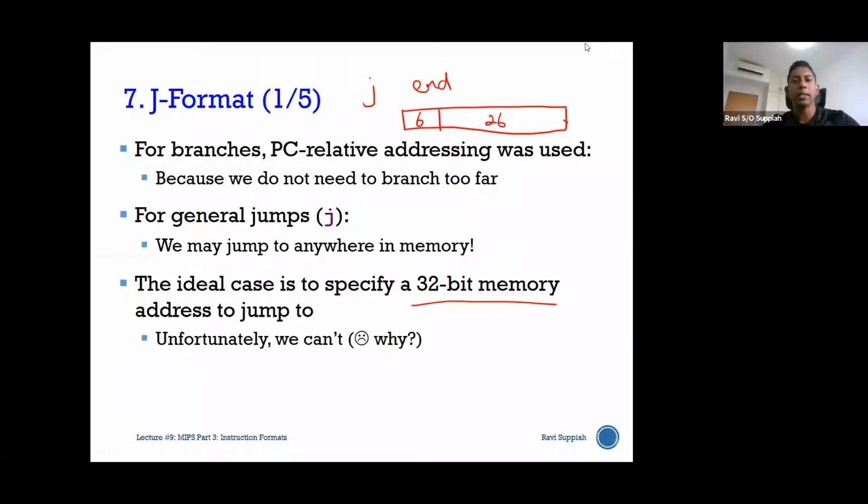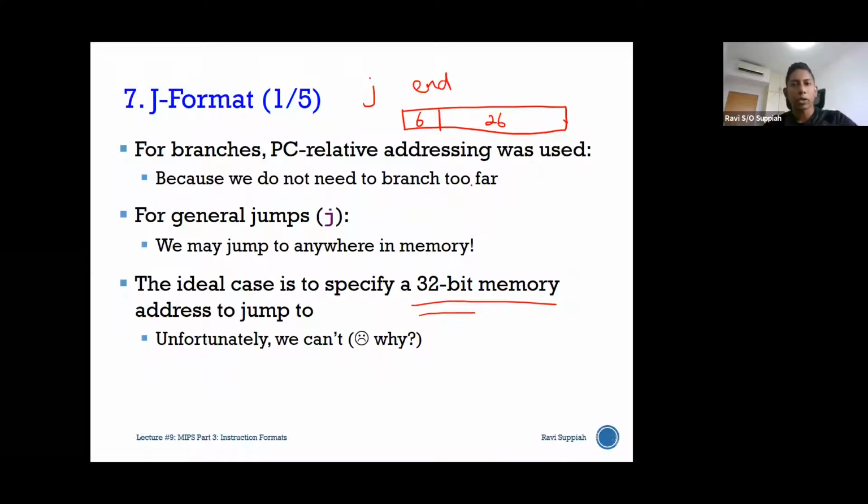And the main thing that we were discussing is how do we specify the address to jump to. You must remember that we are dealing with a 32-bit memory system. That means the address is also something that we have to specify in 32 bits. Now how do we deal with this?